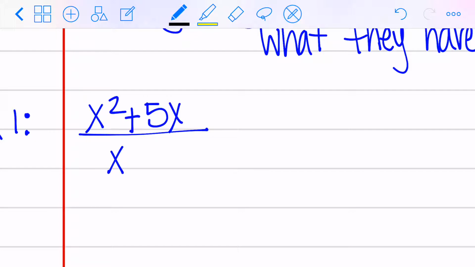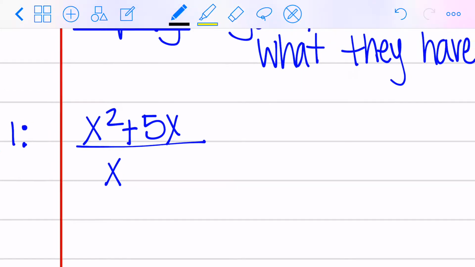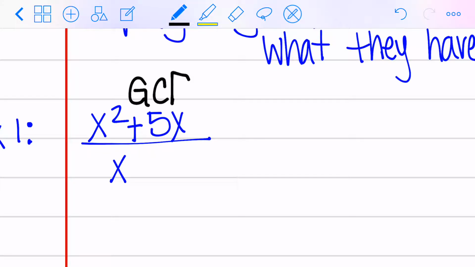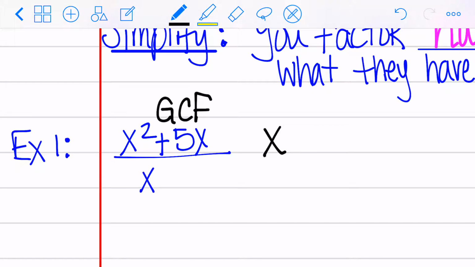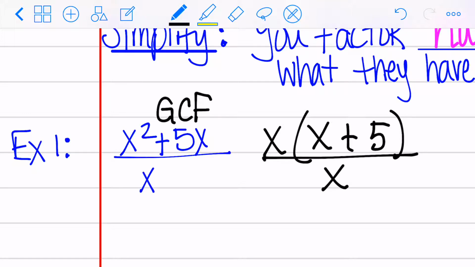If we factor the top, we could take a GCF out of the top. You take a GCF of x off the top. So if we take x squared, we can take out one of those x's, so we're left with x. Plus, if we take an x out of the 5x, we're just left with a 5 over x.